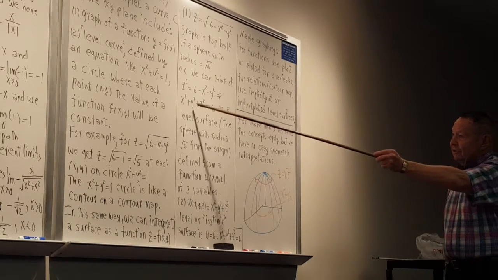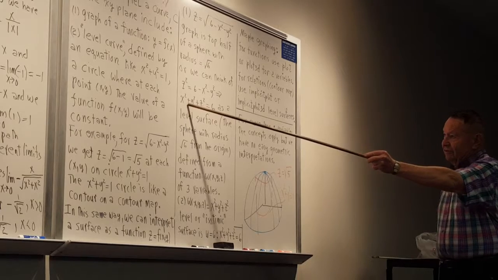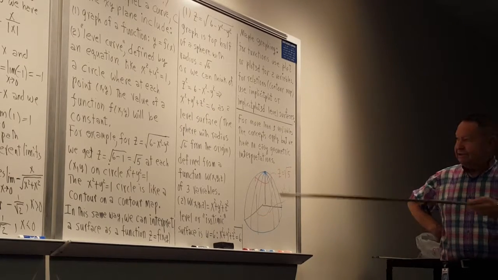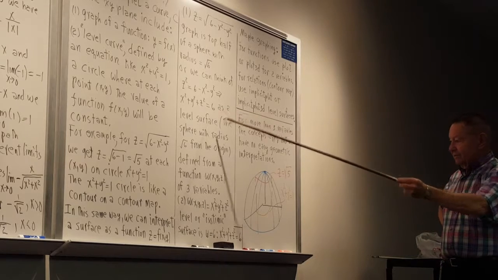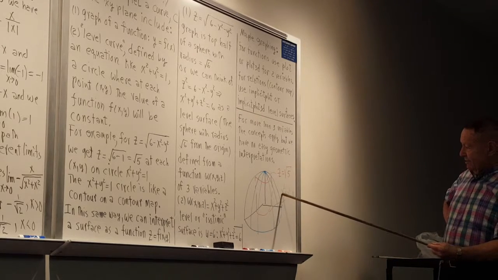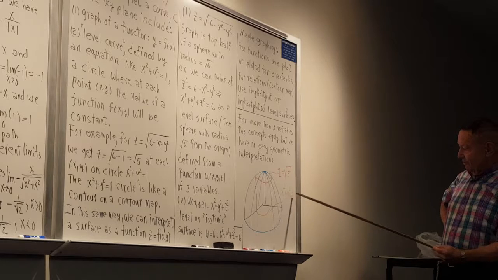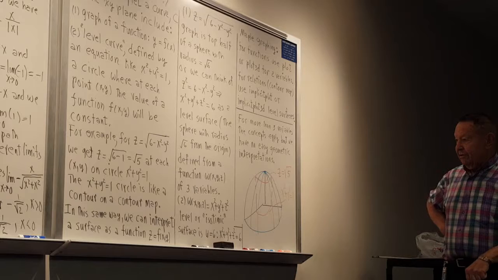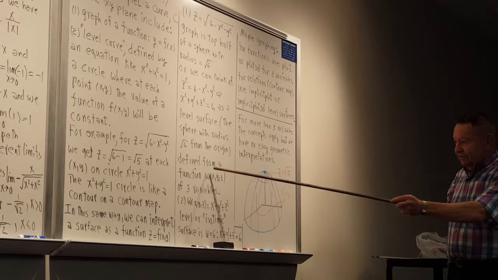And so it would be a function of the three variables, w of x, y, z, equals some constant, the same way that this was a function of two variables equal to some constant.